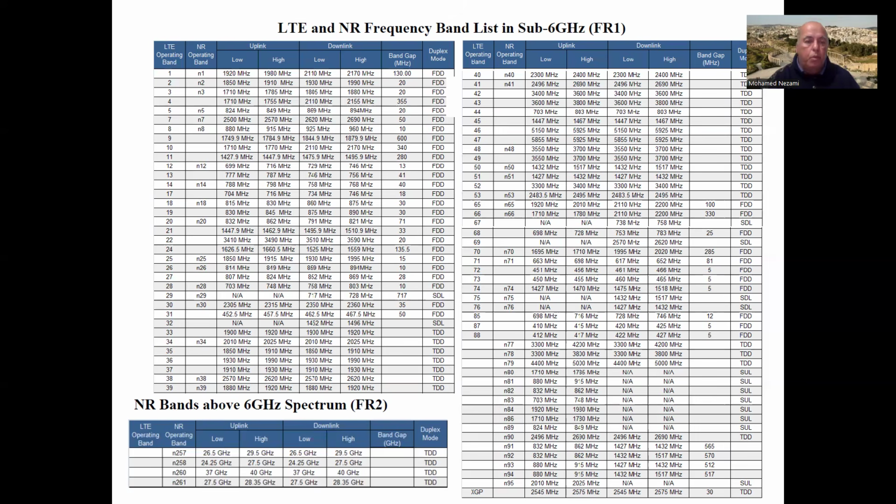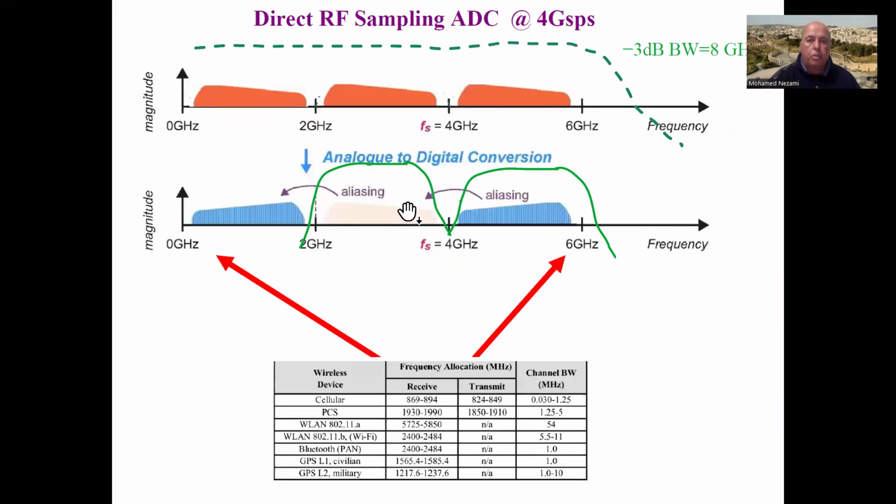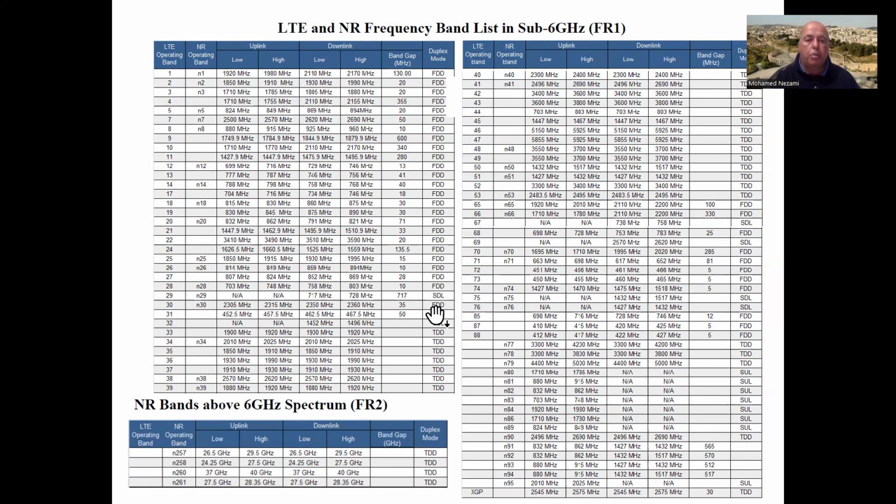And of course, you've got the FR2, which are really the millimeter bands. And you can see that we have up to 28 gigahertz and 29 gigahertz even. There's one in here. In these cases, with ADDs that are available that we're going to survey, I'm going to go through the survey of those.